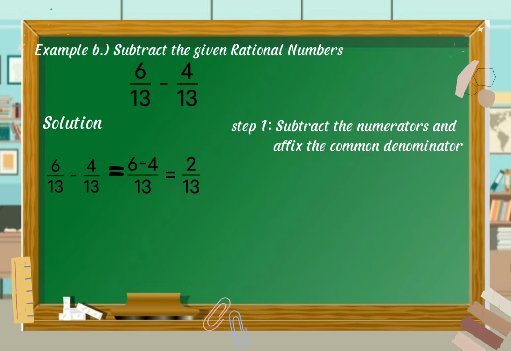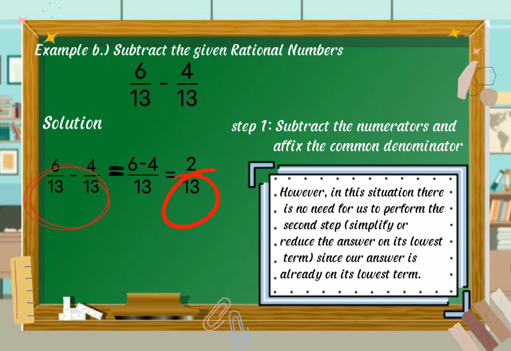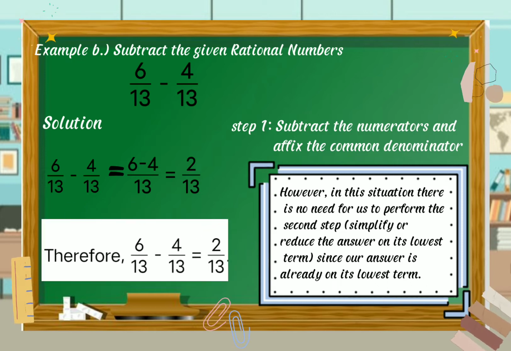Then, copy the common denominator 13. However, in this situation, there is no need for us to perform the second step, which is to simplify or reduce the answer to its lowest term, since our answer is already in its lowest term. Therefore, 6 over 13 subtracted by 4 over 13 is equal to 2 over 13. It is very easy, right?